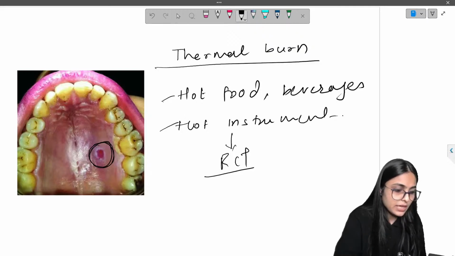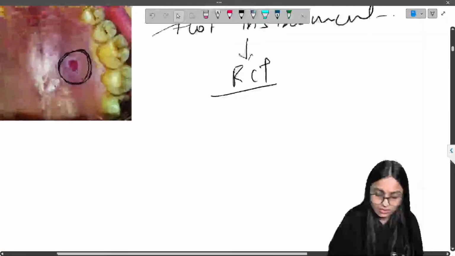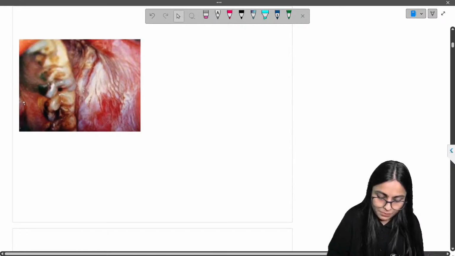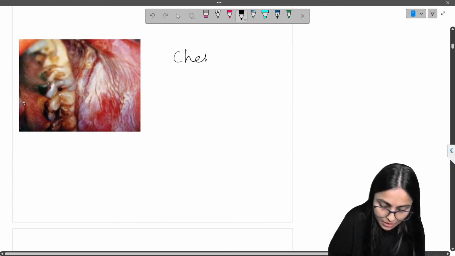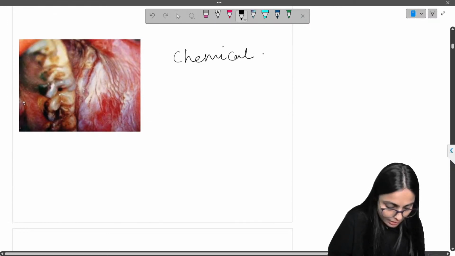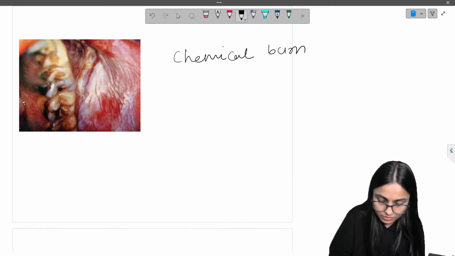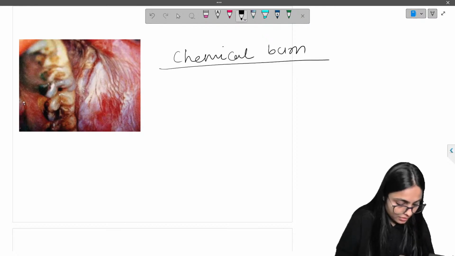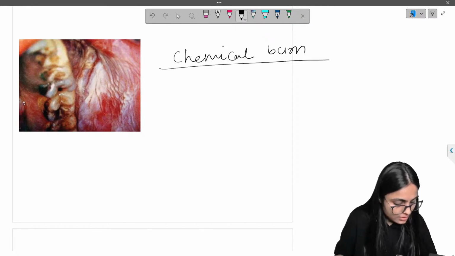Next thing that we have is the chemical burn. Reverse smoking causes thermal burn.